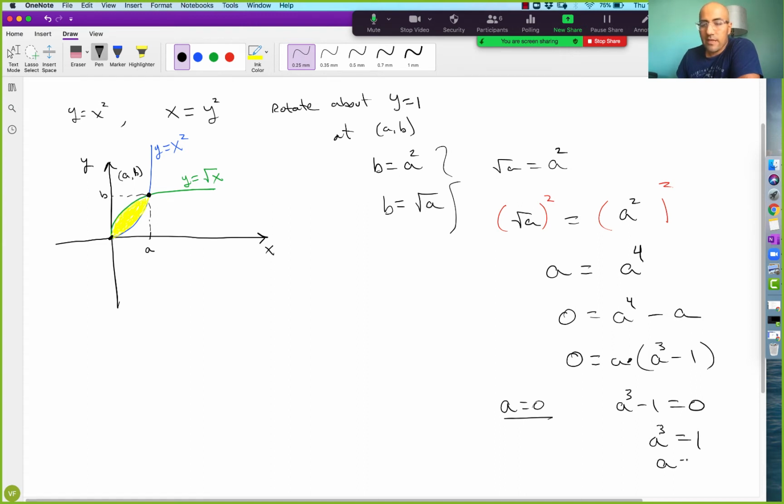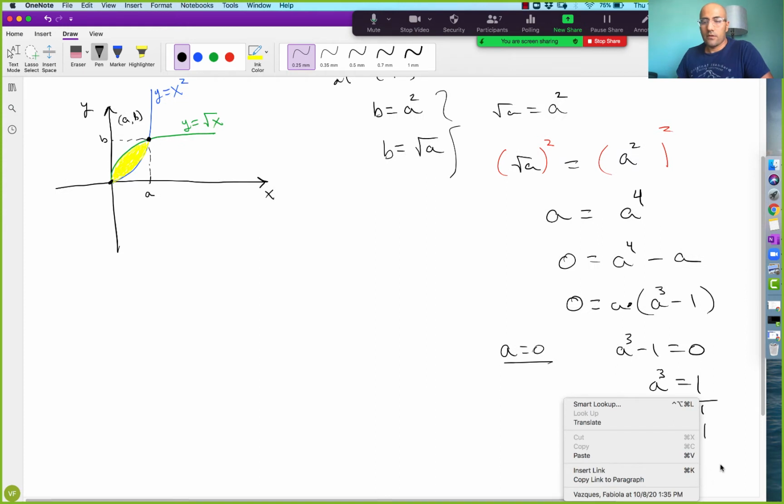And so that must mean that a equals 1. It's really the cube root of 1, which means a equals 1 is the other solution.